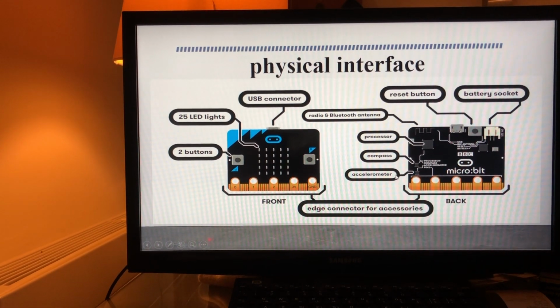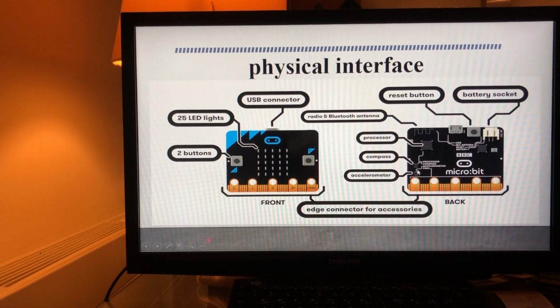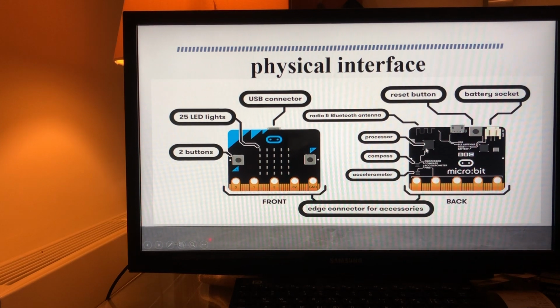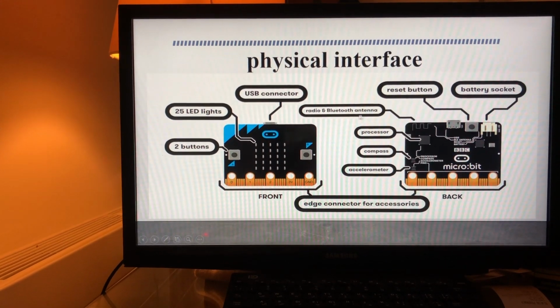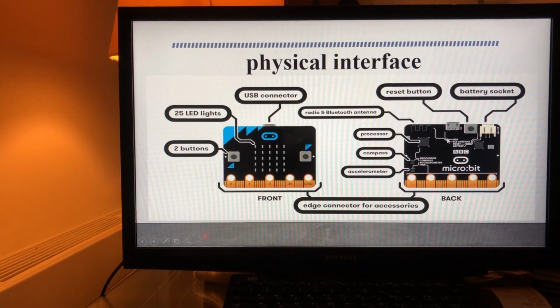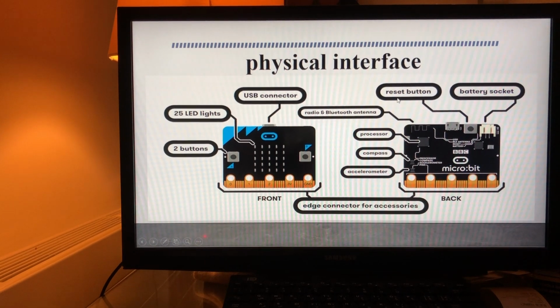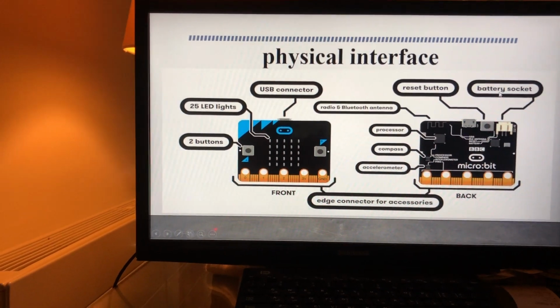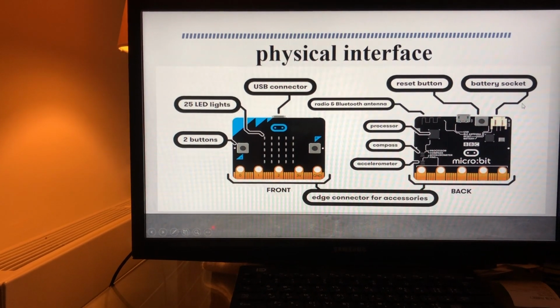There is an accelerometer which we use in this project, and the compass, and this is the processor, and this is the radio or Bluetooth antenna. There is a reset button in the back, and this is the battery socket if you want to use a battery.